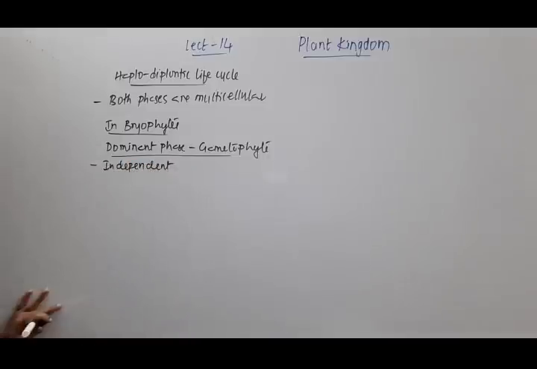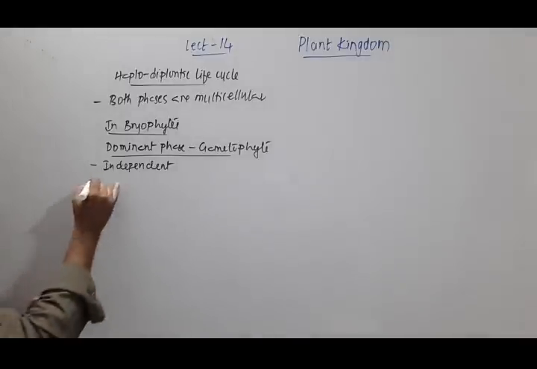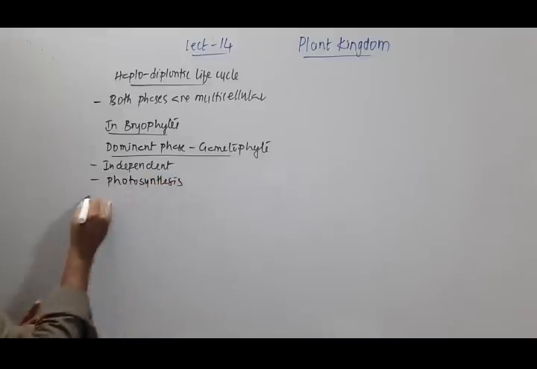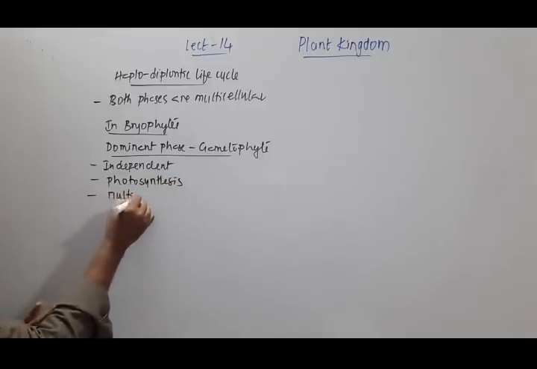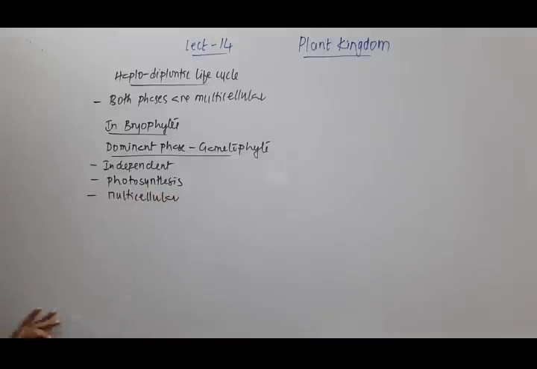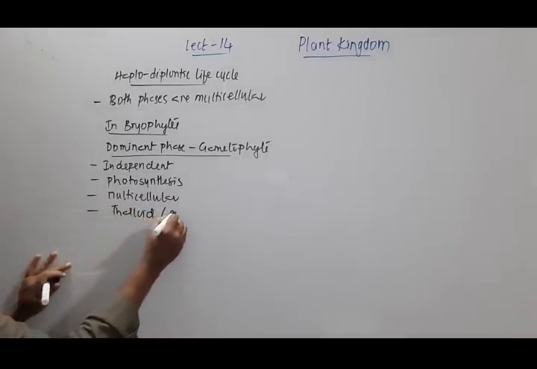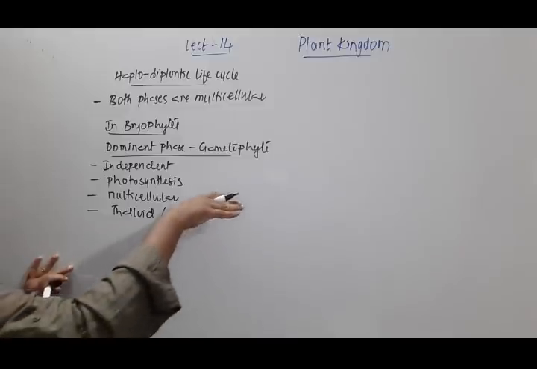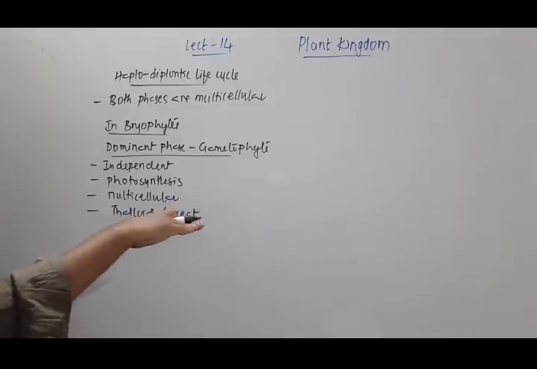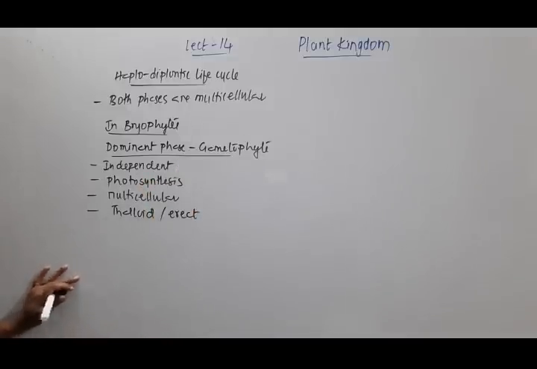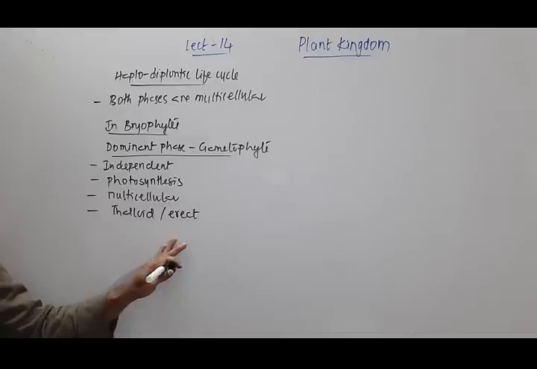It is photosynthetic, meaning it performs photosynthesis, and it is multicellular, made up of many cells. You may see it as either thalloid or erect, meaning it may grow flat on the substratum or grow vertical on the substratum.